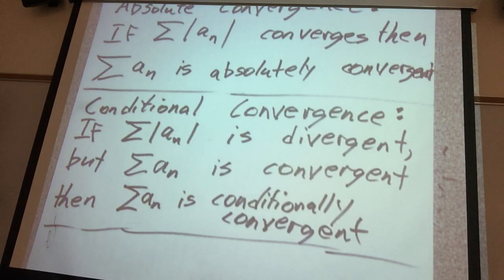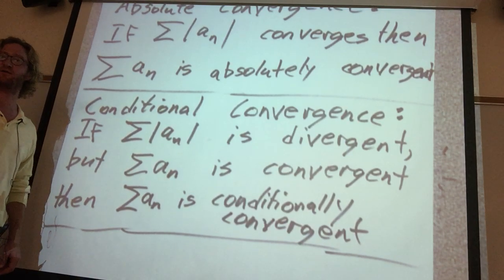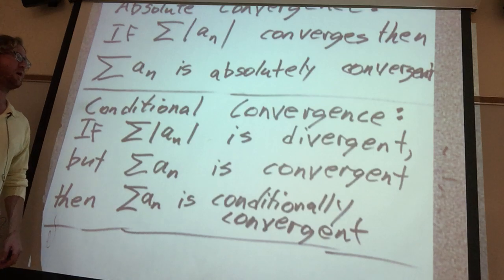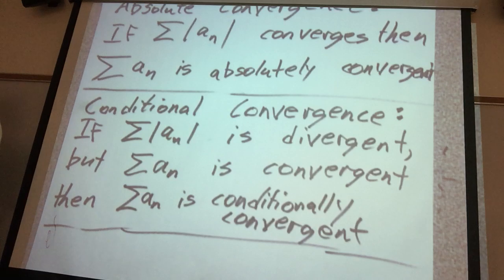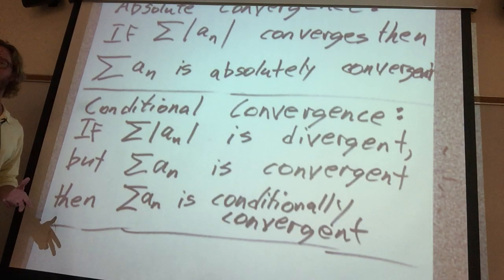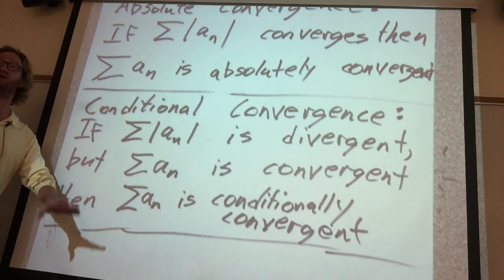All right, so how do we actually go about the process of determining if something is absolutely convergent or conditionally convergent? Well, I'll give everybody a second to copy that down. What you first have to do is check the absolute values. Okay, now if you check the absolute values of that series and it converges, you just stop. You're like, that's absolutely convergent, I'm done.